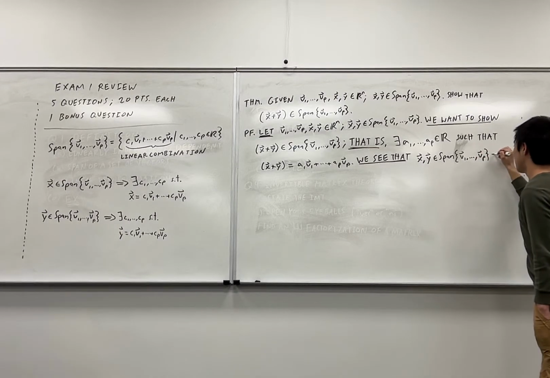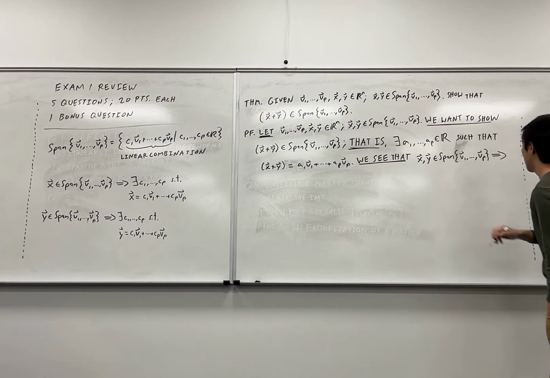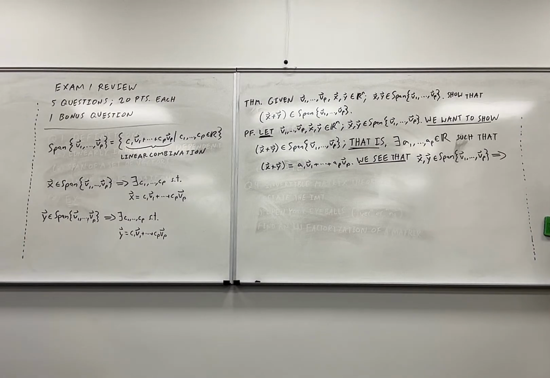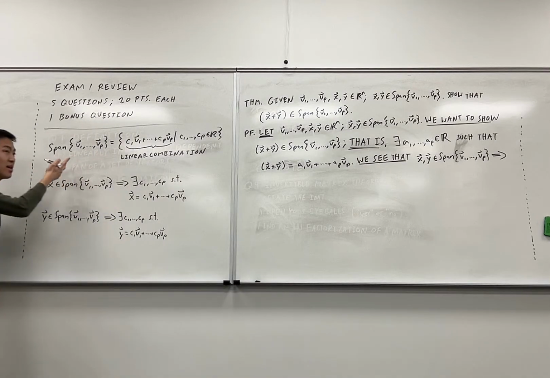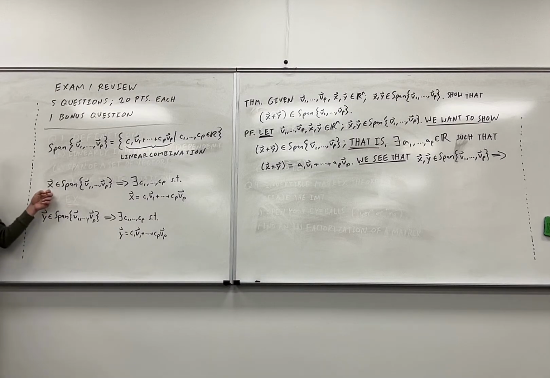Which logically implies what? That they can be described with some constants B1 through BP. Everybody, what's the definition of span? To declare that x is in the span means there exists a linear combination.